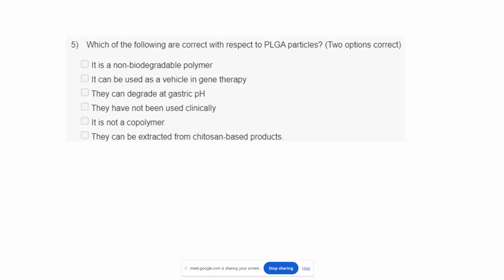Anybody else? Which of the following are correct with respect to PLGA particles?